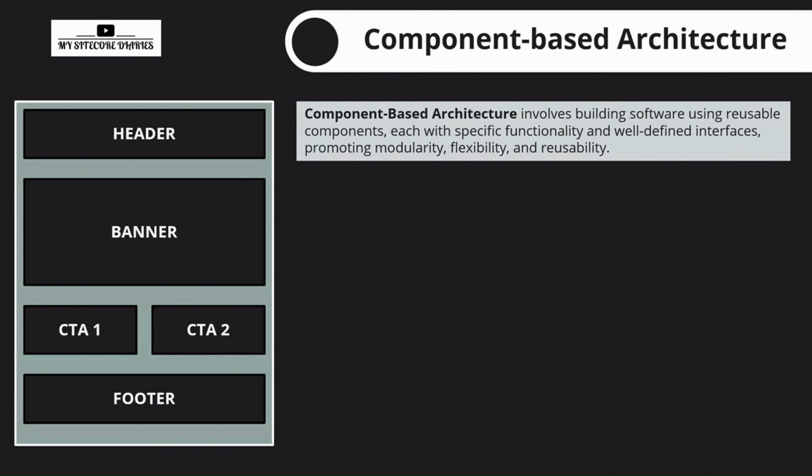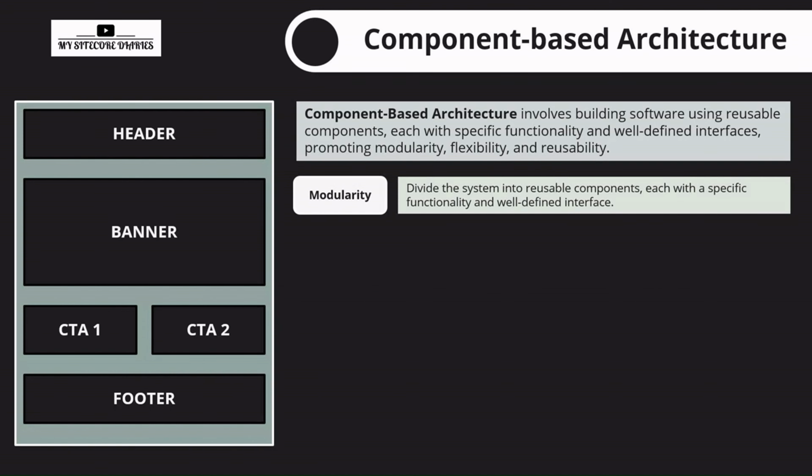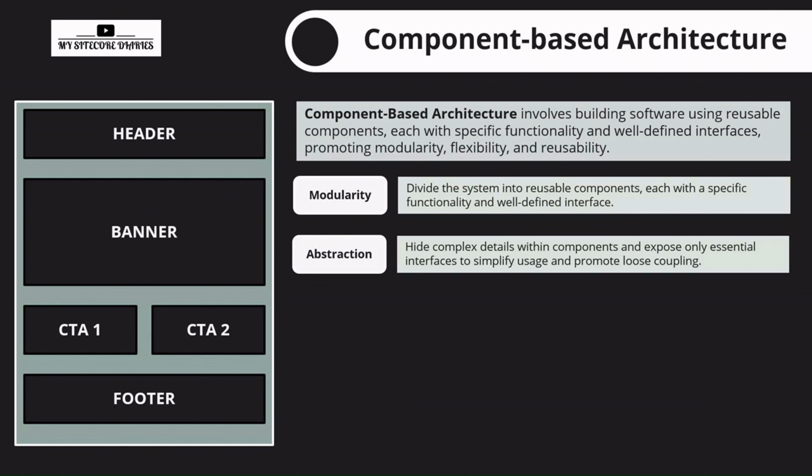Let's go through the core principles of component-based architecture. First is modularity. It divides the system into reusable components, each with a specific functionality and well-defined interface. Let's take an example like a banner. You can make this banner a reusable component which has a specific functionality and you can build it separately also. Then we have abstraction. It hides the complex details within the component and exposes only essential interfaces to simplify use and promote loose coupling.